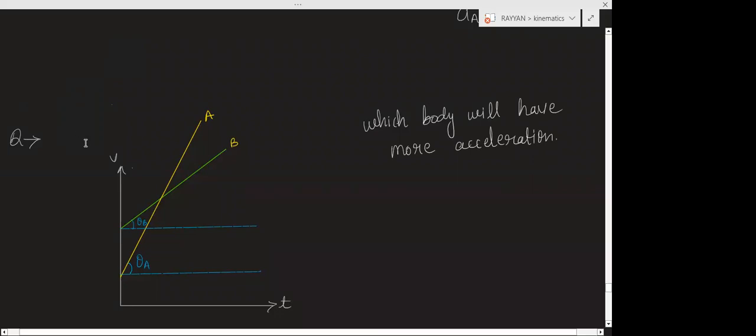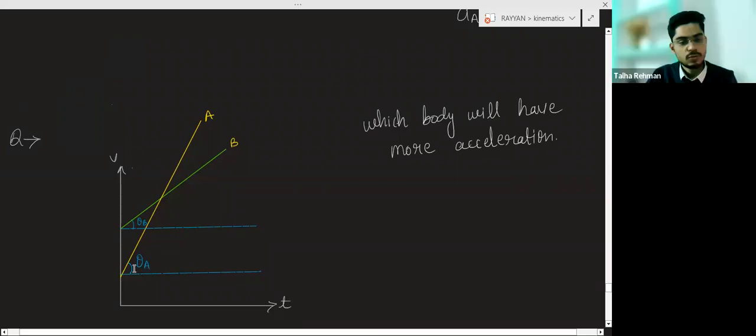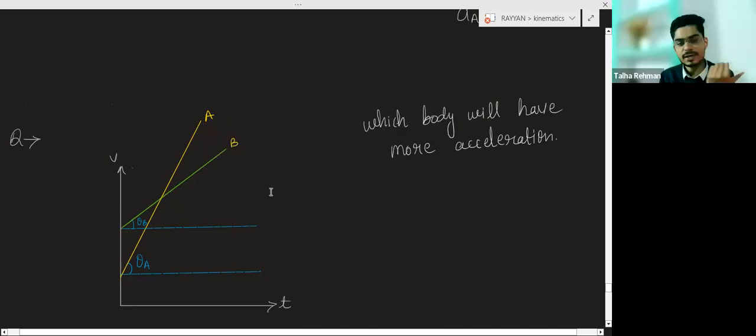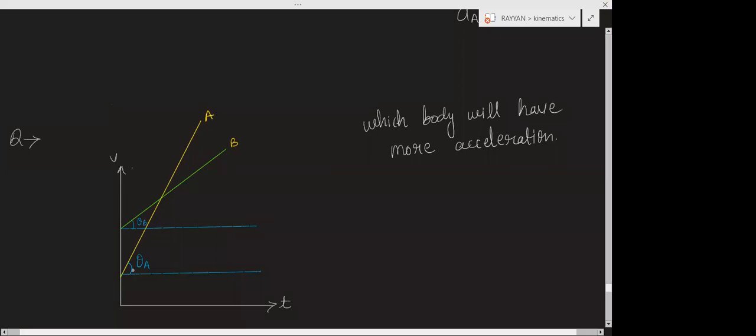A. You can see the slope of A is more as compared to B. Which angle is greater, theta A or theta B? Theta A is greater.